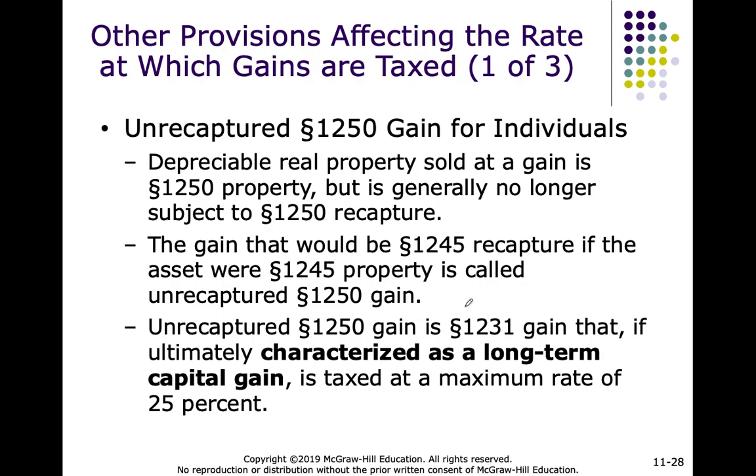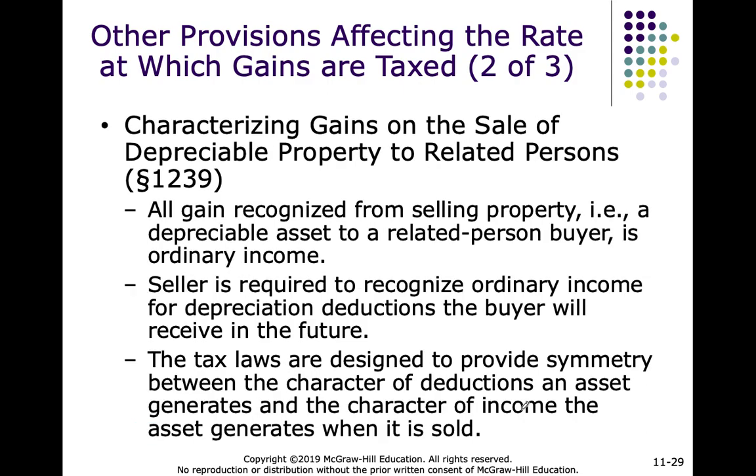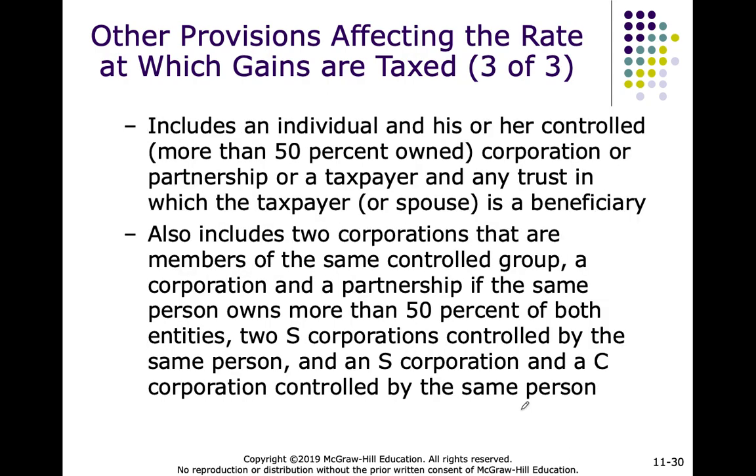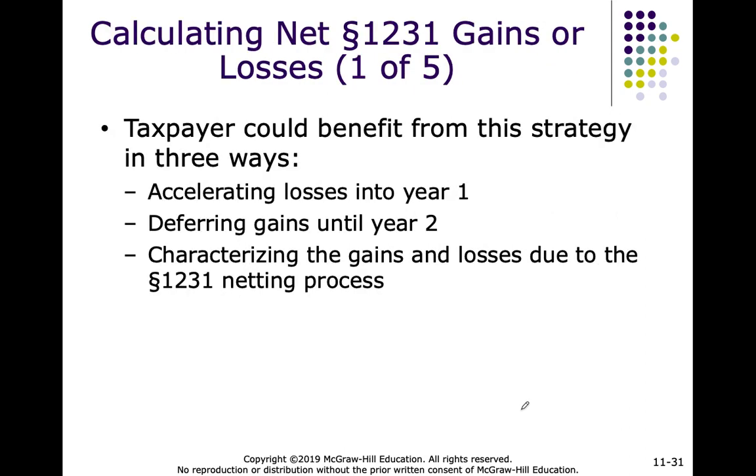Okay, and here we have the maximum will be 25%. Don't worry about sales to related persons. Don't worry about corporation yet.